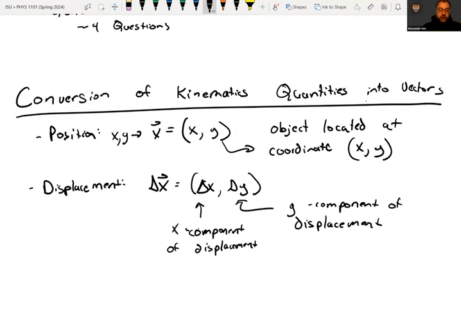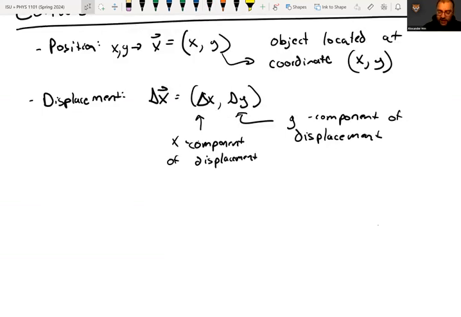All right. When we talk about velocity, before we were just using a v for velocity. If we have a velocity vector, we'll have an x component of velocity and a y component of velocity.